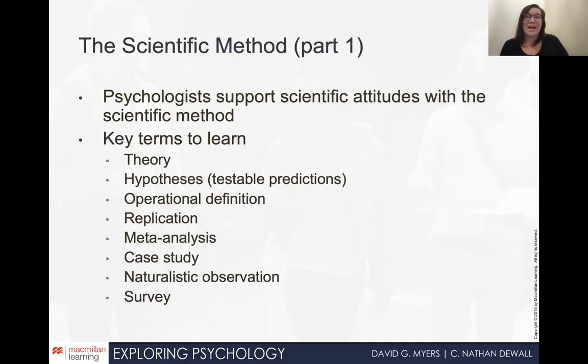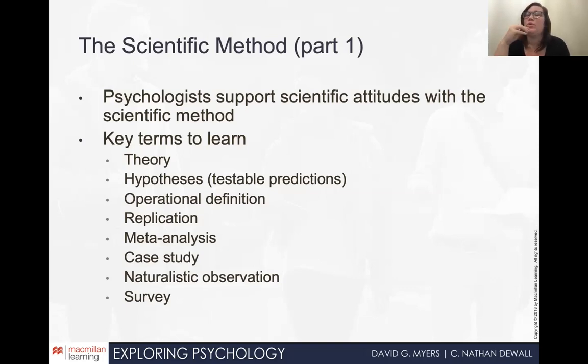We have meta-analyses. So a meta-analysis is where you take all the research articles that have been done on a particular topic. You combine all of the data and the analyses that were conducted, and you sort of make an average of what all of these studies are finding.